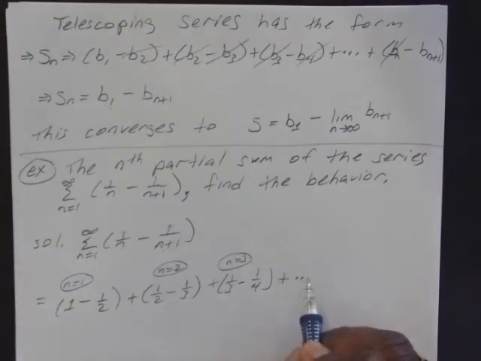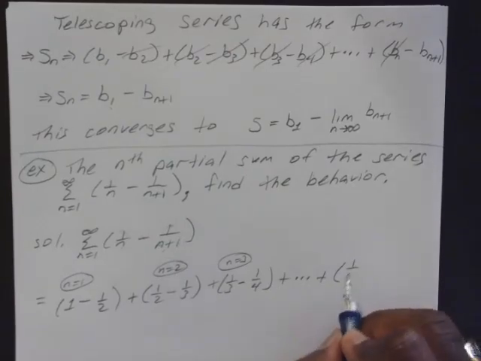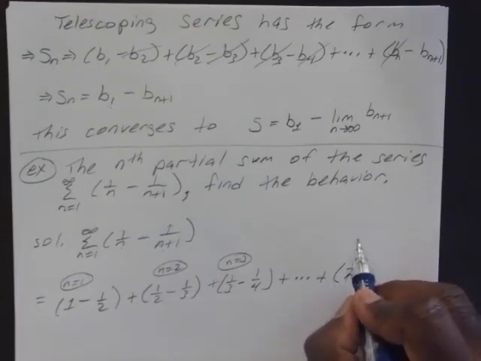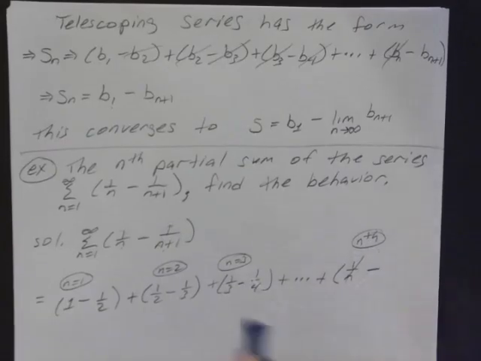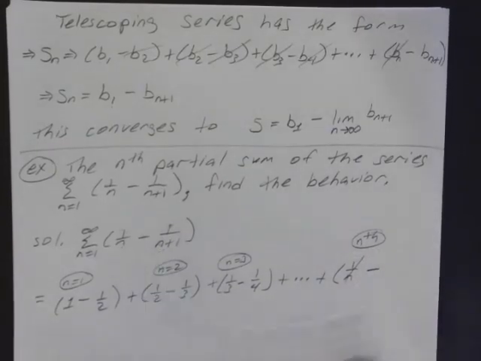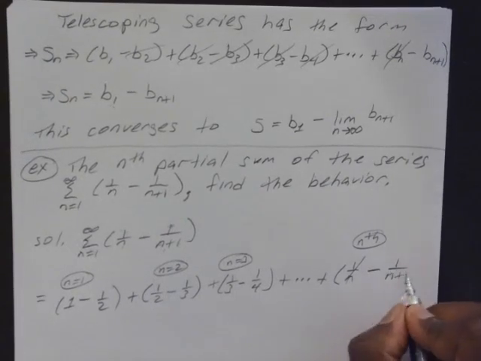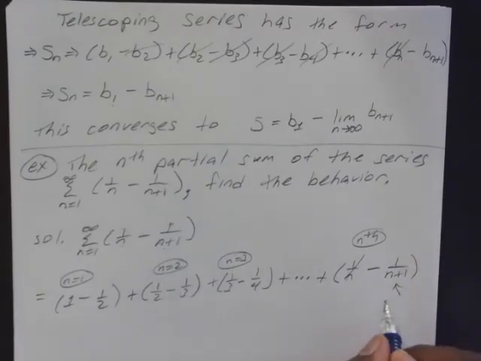So we know that's just going to keep on going till you reach some 1 over n, that's eventually going to cancel out when you plug in some nth value, minus 1 over b sub n plus 1, which is 1 over n plus 1. So that will be your b sub n plus 1.